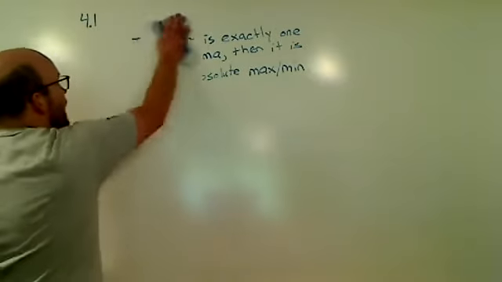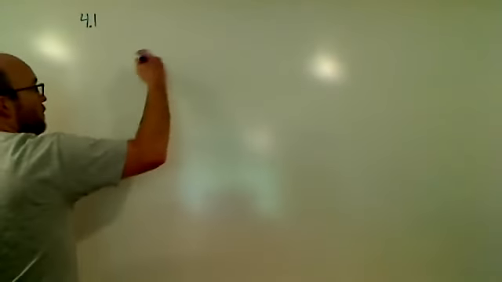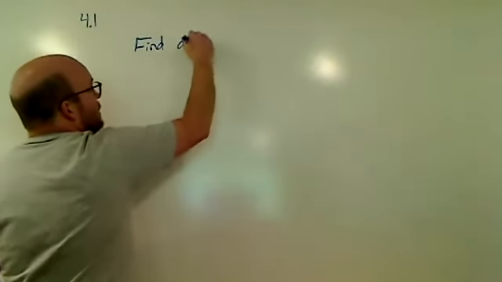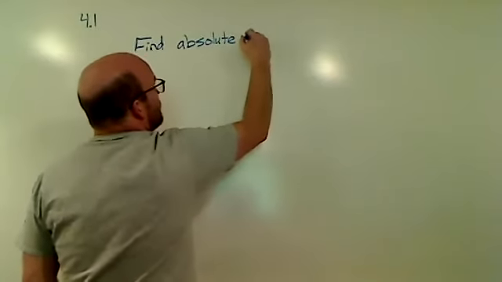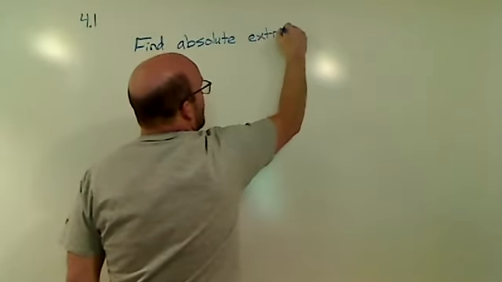So this time, I am going to be a little bit more obnoxious and give you something where we have a little less information, where it just says, let's find the absolute extrema.